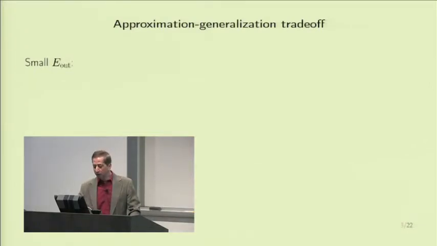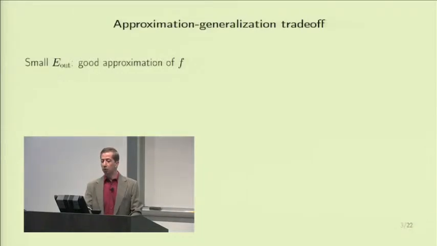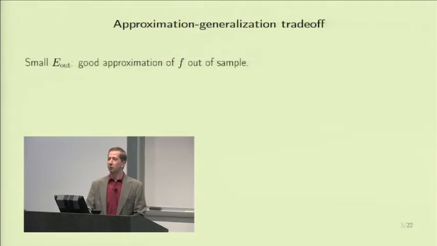There are two components to this, and we are very familiar with them now. So we are looking for a good approximation of f. That's the approximation part. But we would like that approximation to hold out of sample. Okay? We are not going to be happy if we approximate f well in sample and we behave badly out of sample. So these are the two components.